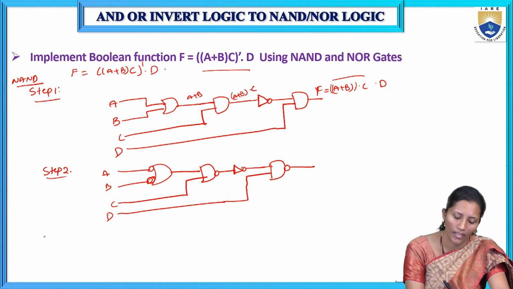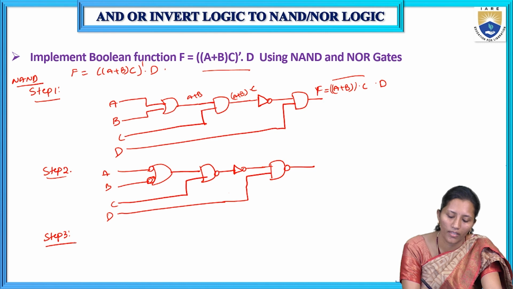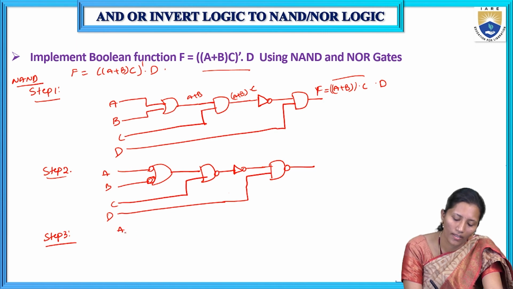Okay. In step 3, I am drawing directly here. If we add a bubble in that line, we have to add one extra inverter. So for A, B, here we have to add one inverter because we added a bubble in the bubbled OR gate.